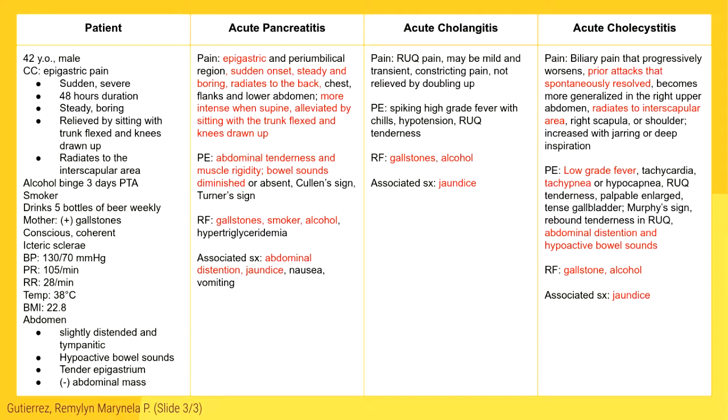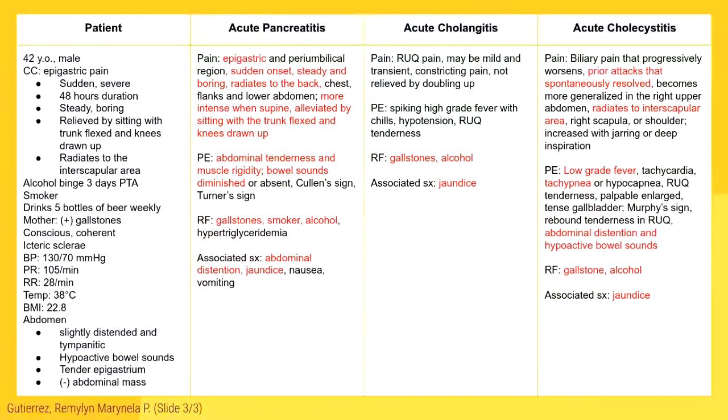Sige. So I'll hand the mic to Ella po for the final diagnosis. Okay. Again, doctors, stated here are the patient's signs and symptoms as well as the clinical manifestations of the discussed differentials. We primarily considered acute pancreatitis because of the patient's epigastric pain with sudden onset, which is steady and boring and radiating to the back.